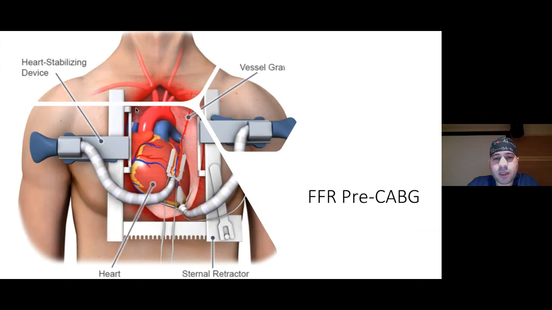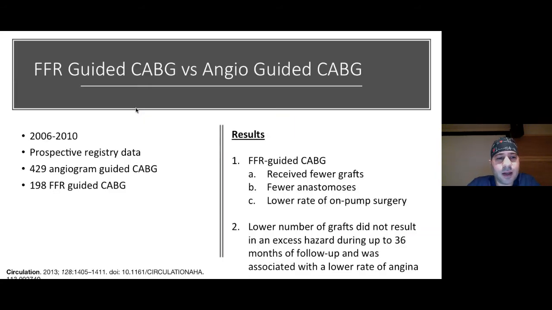In terms of using FFR for pre-CABG, this is prospective registry data looking at FFR-guided CABG versus angiogram-guided CABG, and was conducted between 2006 and 2008 in a prospective fashion. 429 patients underwent angiogram-guided CABG, whereas 198 patients underwent FFR-guided CABG.